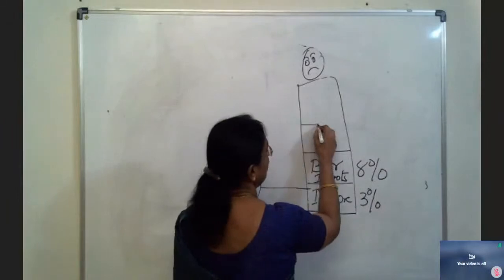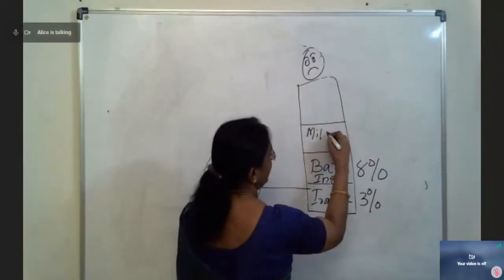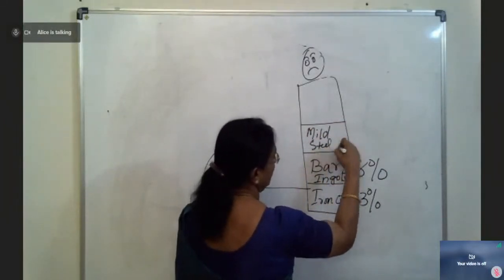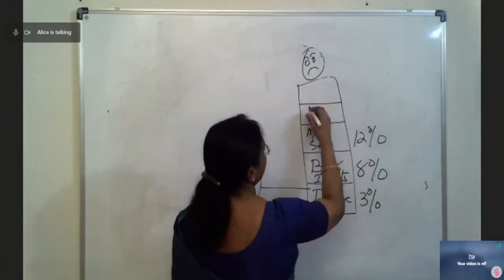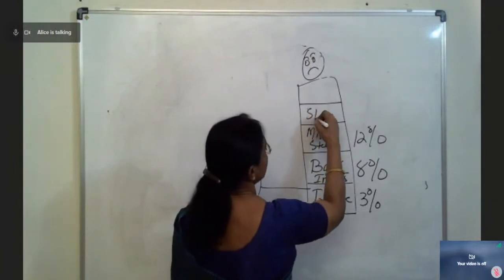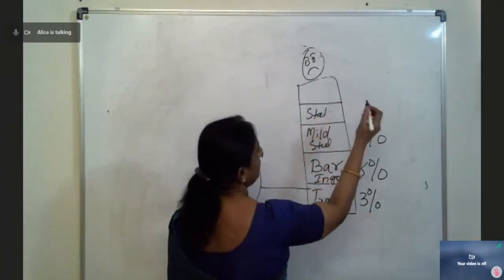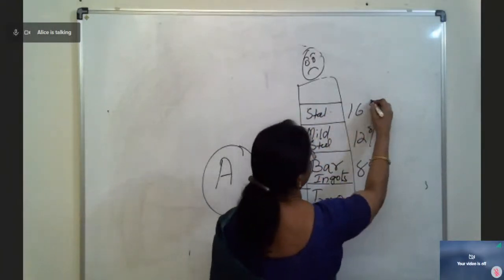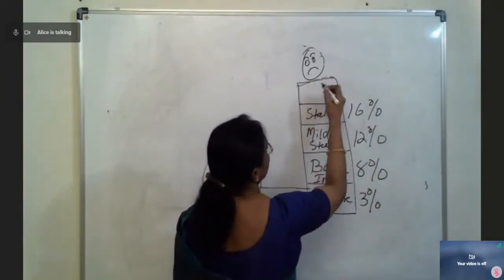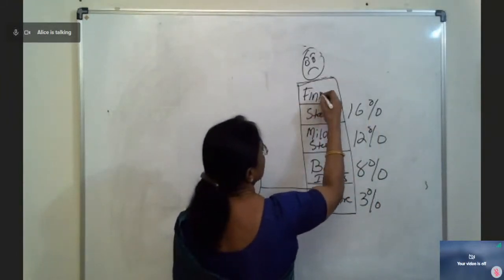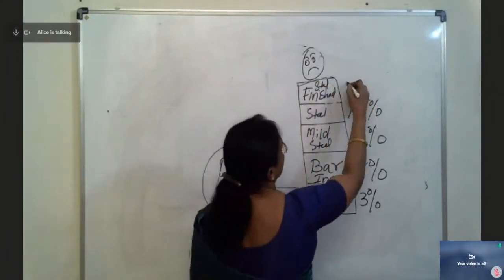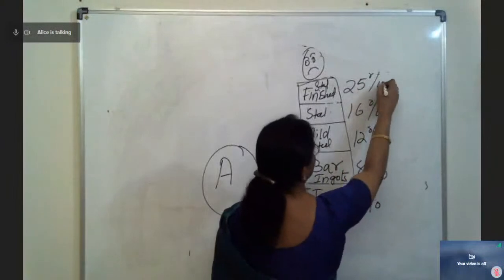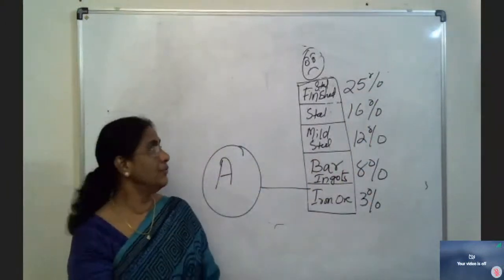You convert it to mild steel and export it, then 12%. You convert it to finished steel, very toughened steel, then 16%. You convert and sell finished steel products, then 25%. I hope it is clear for you.